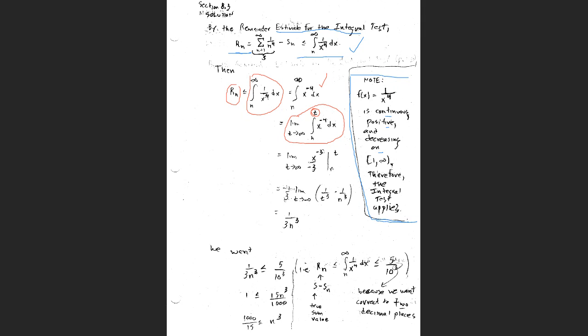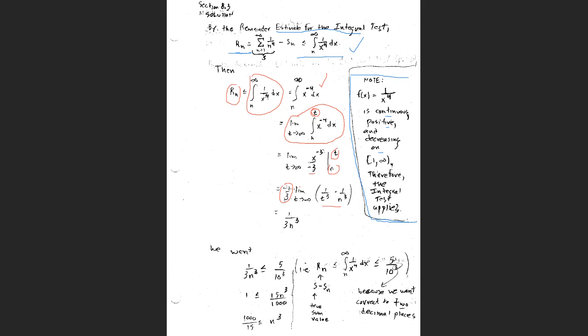The antiderivative of x to the negative 4th is x to the negative 3rd over negative 3. I can factor negative 1/3 out in front of the limit, and write this as negative 1/3 times the limit as t approaches infinity, putting in my t and my n in the antiderivative.